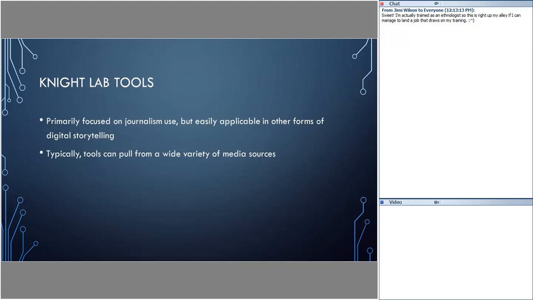One awesome resource for these types of tools is the Knight Lab, which is out of Northwestern in Chicago's journalism school. They have built a ton of tools that are, to be honest, meant for journalists to use in online storytelling, but they're super easily adaptable to any kind of digital storytelling, including sharing historical knowledge.